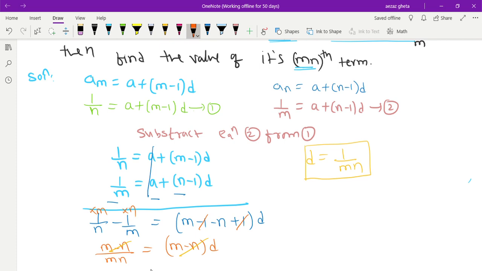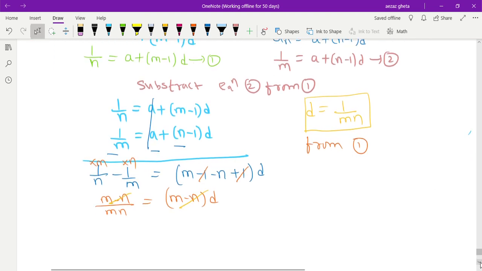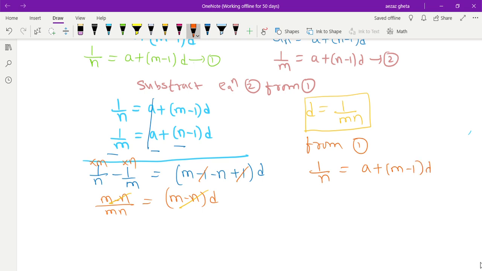Okay, now we have to find out the a value. So from equation 1, we have 1 by n equals a plus (m minus 1) of d. Here 1 by n is equal to a plus (m minus 1), and the d value which we have got, 1 by mn.